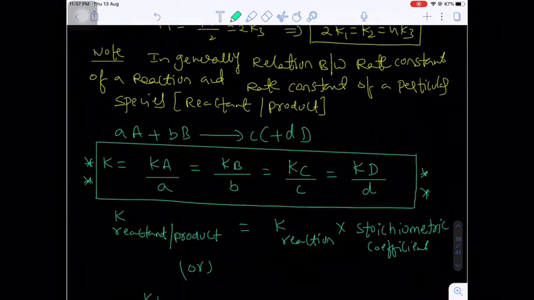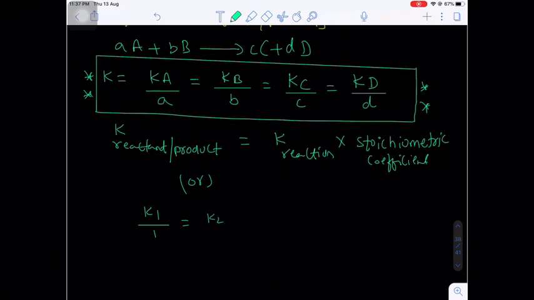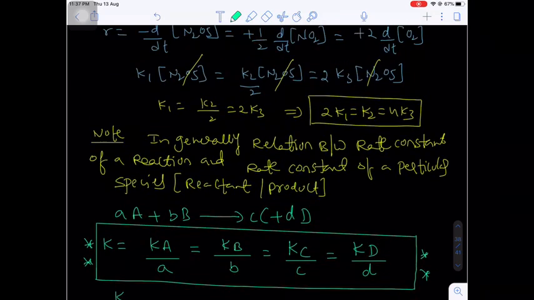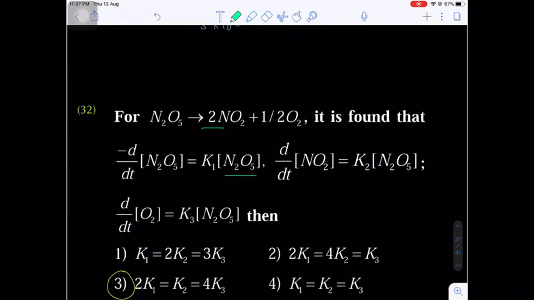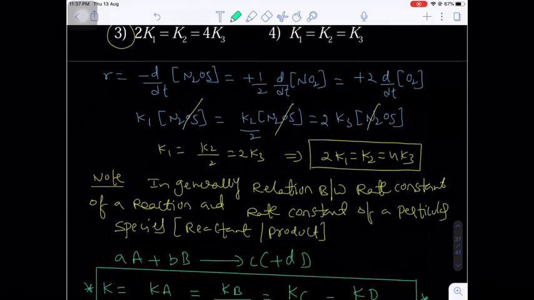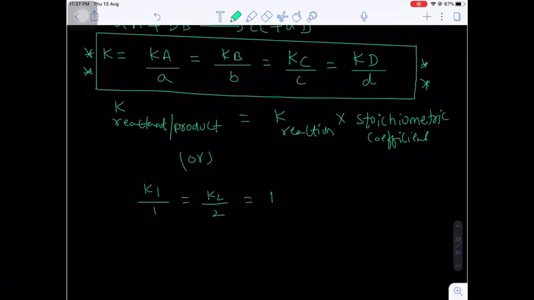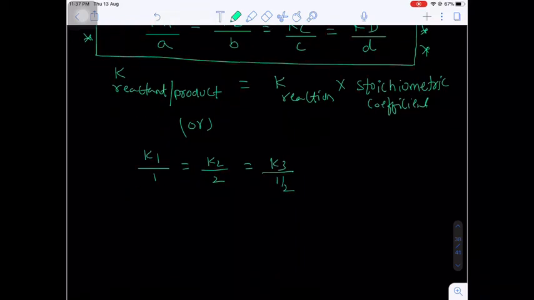What is the stoichiometry of NO2 here? 2. Shall I write K2 by 2? Yes, K2 by 2. Next, another K3 is given, K3 with respect to O2. So what is the stoichiometry of O2? 1 by 2. K3 upon 1 by 2. So 2 will go to the numerator.